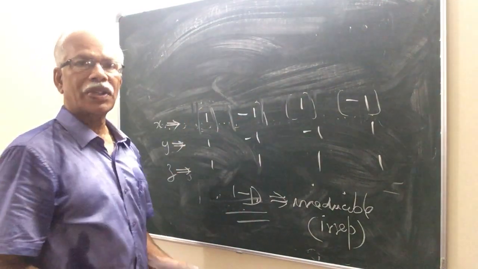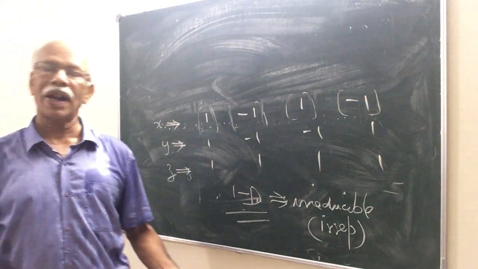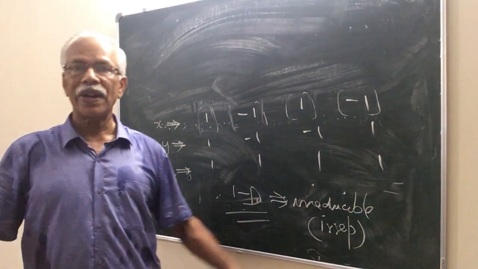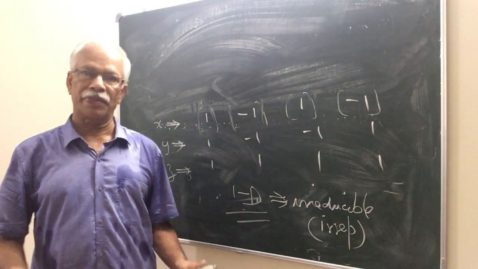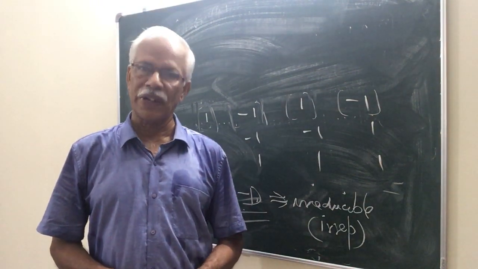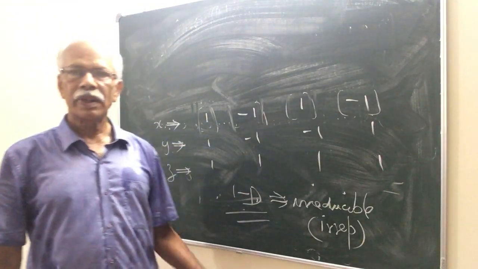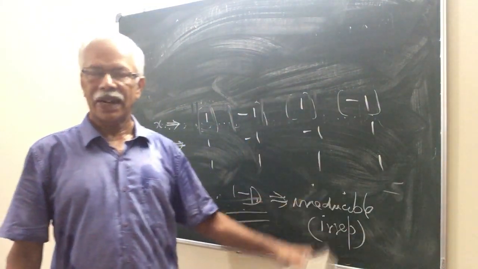A question can naturally come. How many representations can one write for a point group? The answer is a very large number, limited by your cleverness in choosing the set of basis functions. The basis functions usually chosen are the coordinates of a general point, as we have already done.